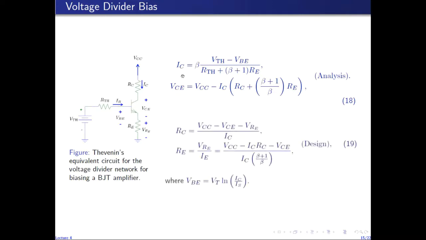Or given the bias point, we can find the circuit resistances, RC and RE. So we can invert this relation for VCE, in which IC times beta plus 1 over beta times RE is the voltage across RE. So inverting this relation, we can find RC. And similarly, as before, RE is given by the ratio of VRE to IE, which is given by this expression.